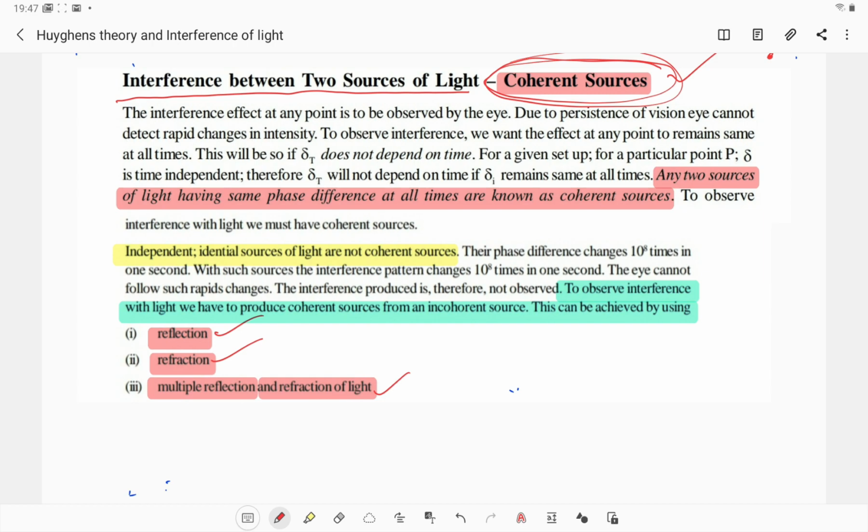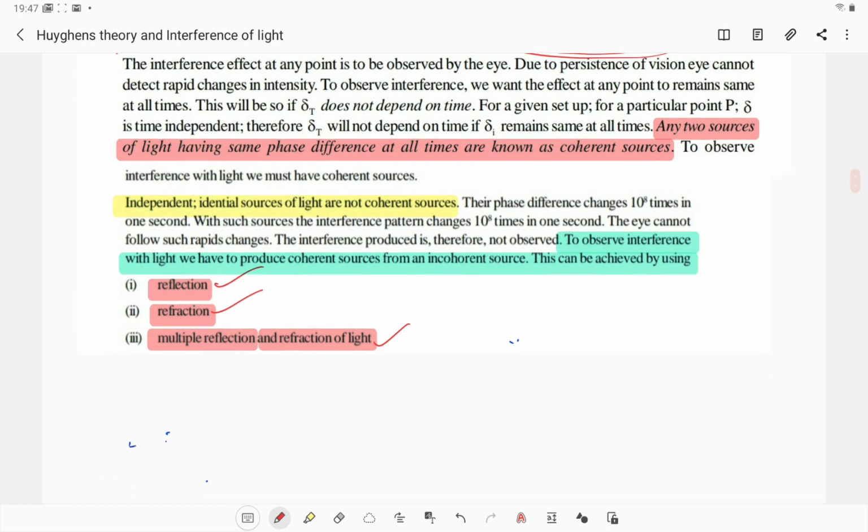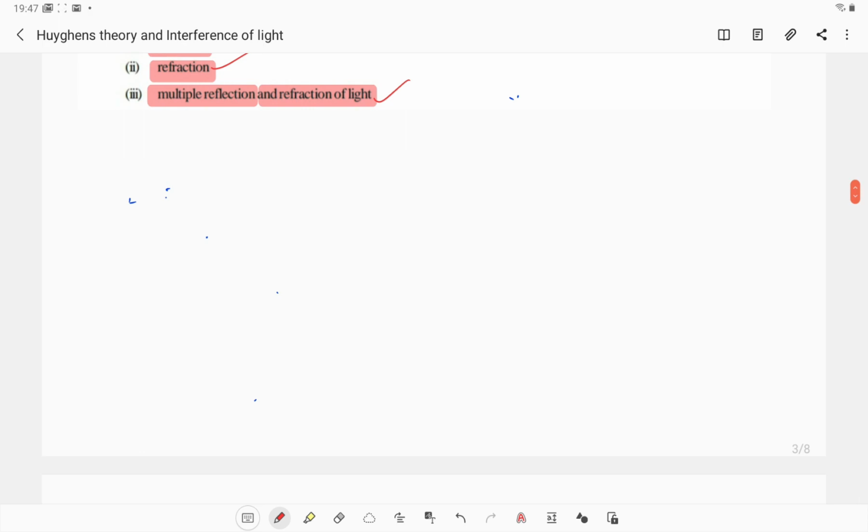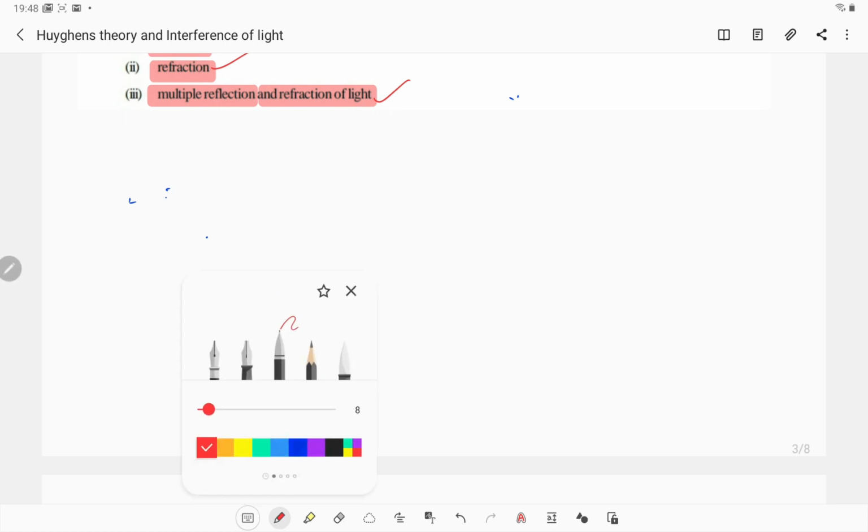Incoherent sources mean the phase difference between the waves continuously changes with respect to time. This is about interference.